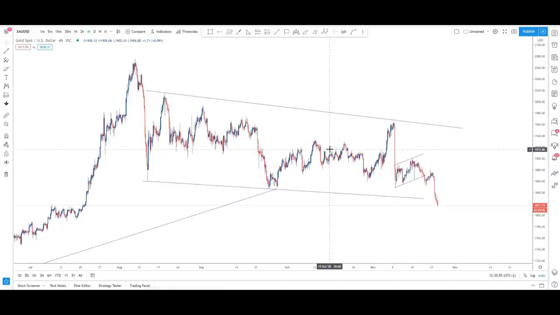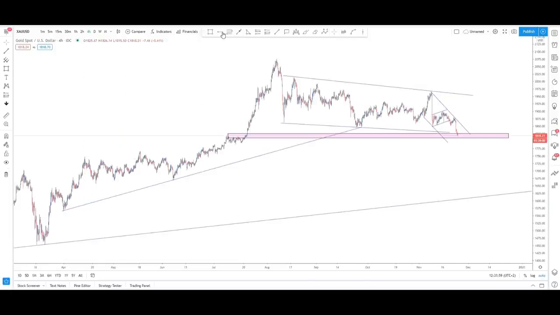Impulse move, correction, impulse, of which there's a possibility for gold to push up until this current level. I'm just gonna use a vertical ray right here, a ray line over here. It's possible for gold to push up until that level right here.